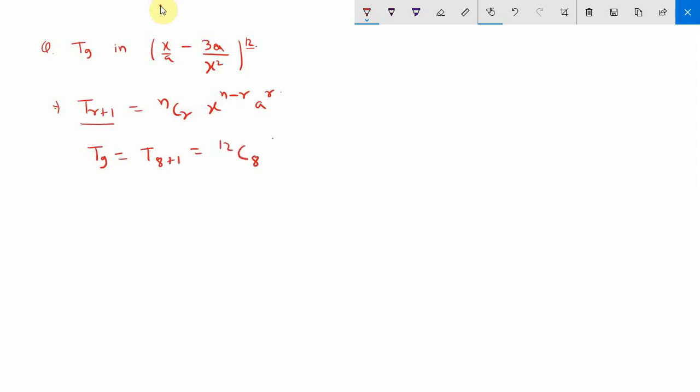C8, and the first term here, if we see, is x/a, to the power 12 minus 8, into the second term, minus 3a/x^2, to the power 8.